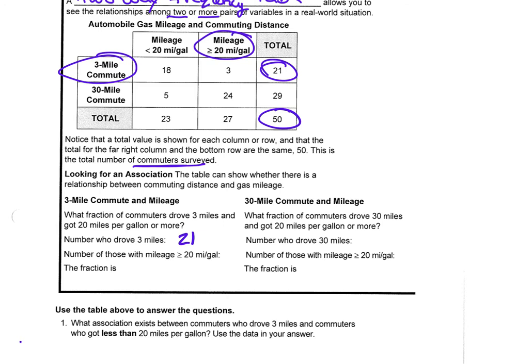The number of those with mileage greater than 20 miles per gallon is 3. So our fraction is part out of a whole, 3 out of the 21. Or if you made it a percentage, you take 3 divided by 21, which is 14%.